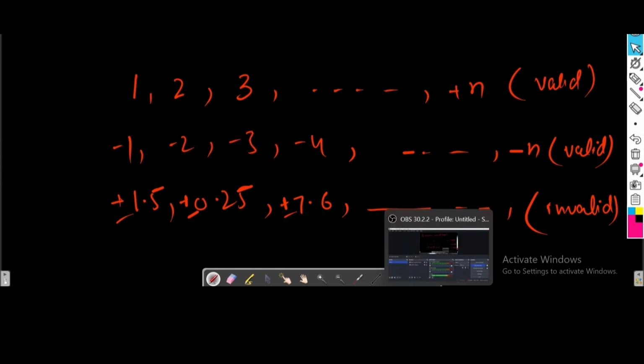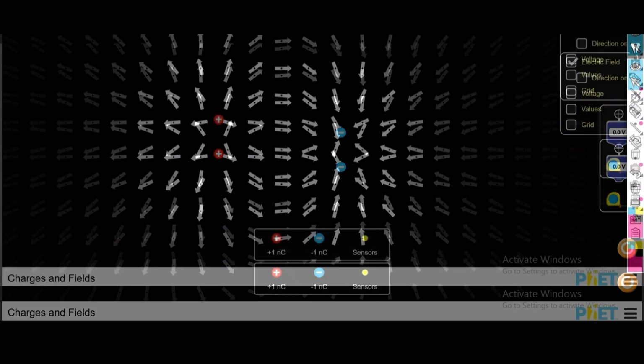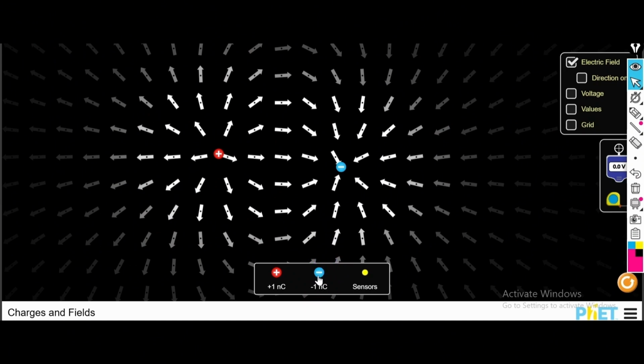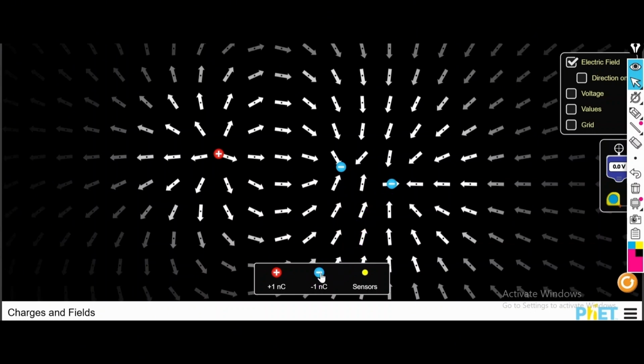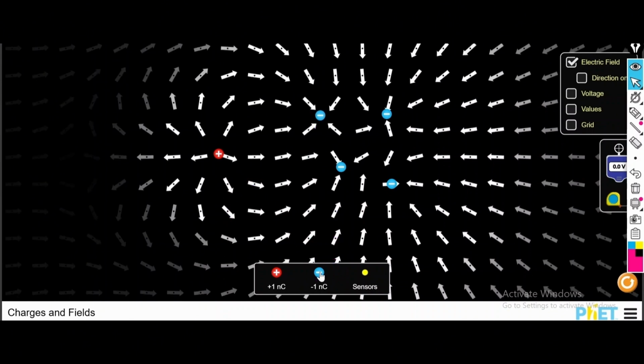So this can be justified here in this simulation. We take one negative charge. This is another negative charge. This is another negative charge. This is another negative charge.